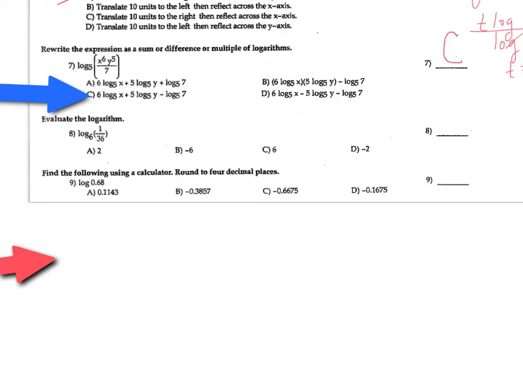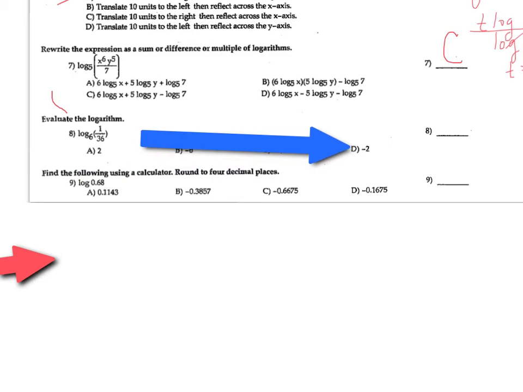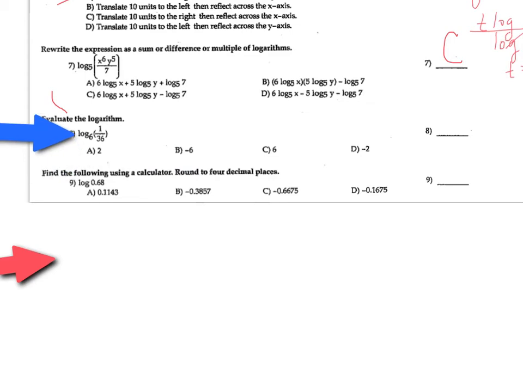For problem number 8, what's the answer for number 8? D. That is right, -2. And that's because, how do you rewrite that function? 6 to the what power? That is right. So this is log base 6.